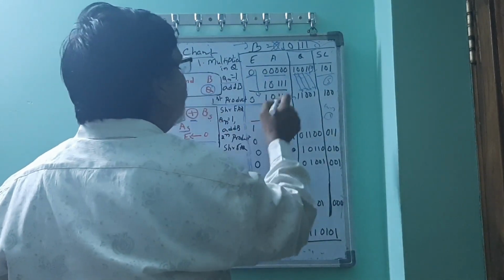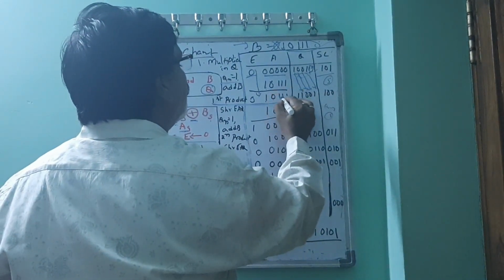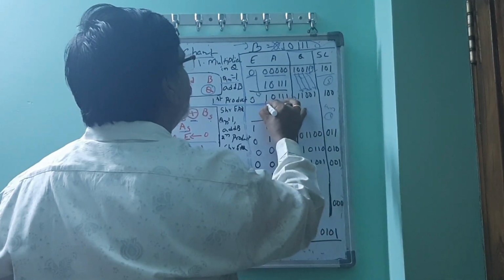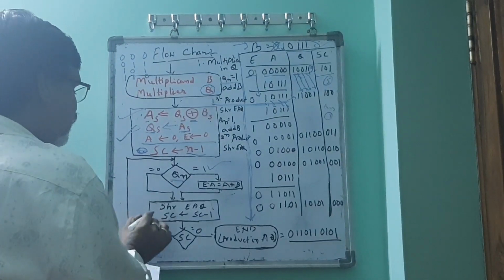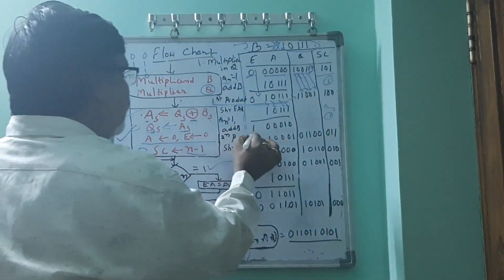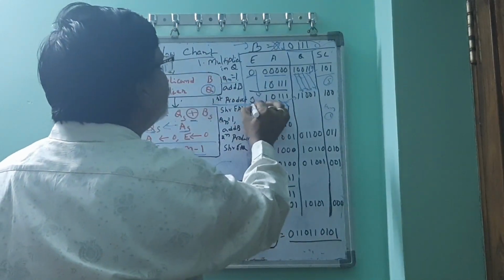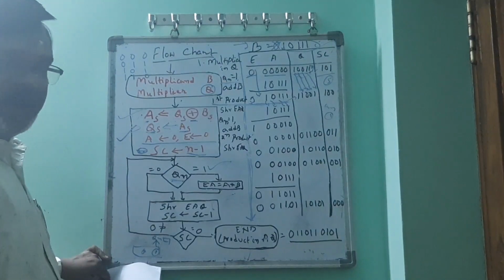So A contains 1 1 0 1 like this. And E will be 0, because the result after adding we got 0.